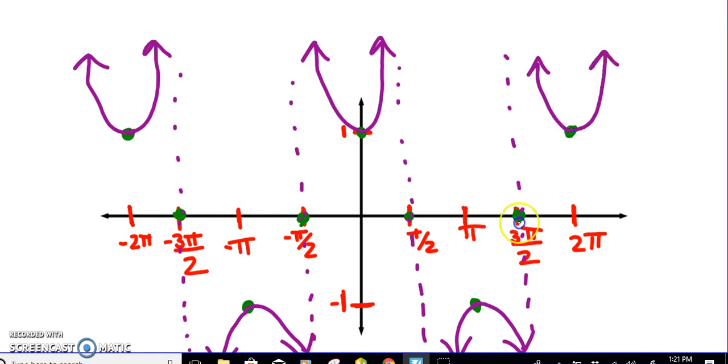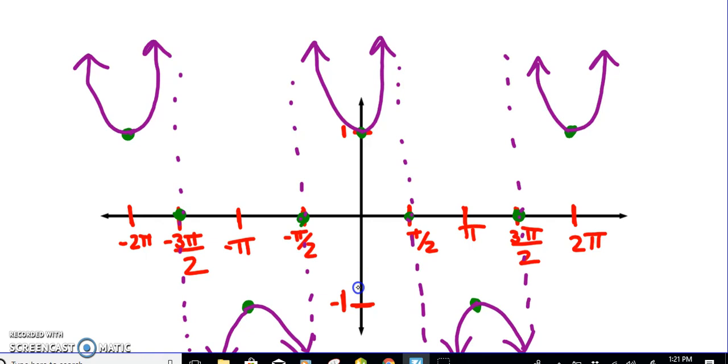So if the cosine graph was there, you would see that it would come here and hit these points. So if you know the cosecant graph, the secant graph, or the sine and cosine graph, you should be able to figure out the secant and cosecant. These go on forever and ever, that's why there are arrows on both sides.